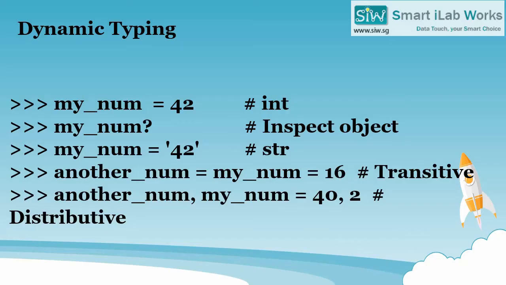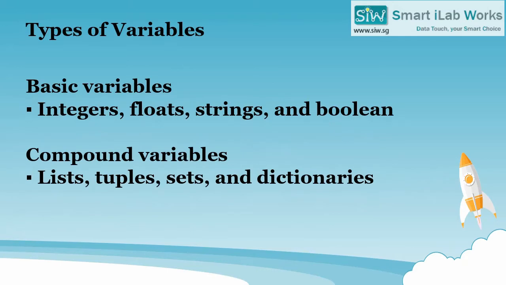Okay, so next is dynamic typing. Dynamic typing is nothing but that in the given program we can assign values of different data types to the same variable. That's called dynamic typing. In many other languages we cannot assign values of different types to the same variable.